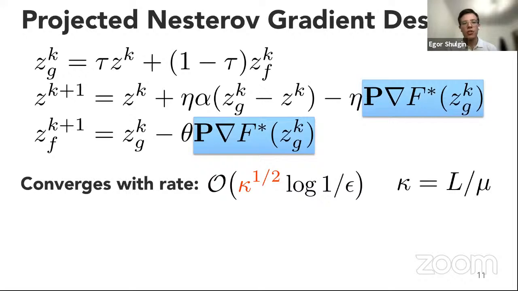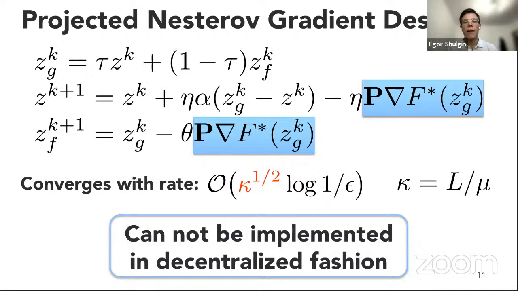However, PNGD in each iteration calculates the matrix vector multiplication P times the dual gradient of f, which in fact requires full averaging over all nodes in the communication network. And unfortunately, this cannot be done in a decentralized fashion. So this kind of method is not suitable for our case.